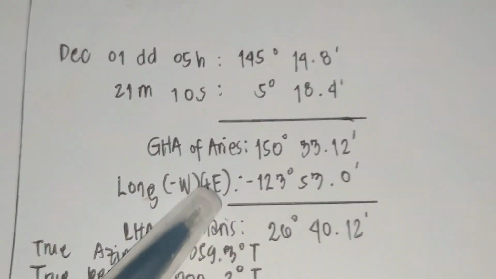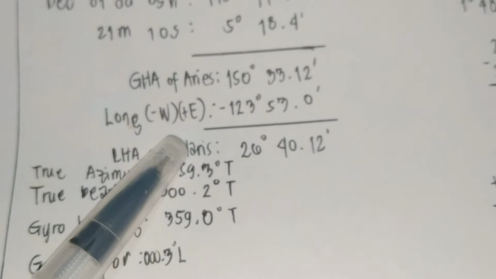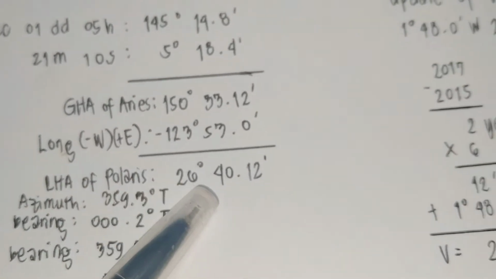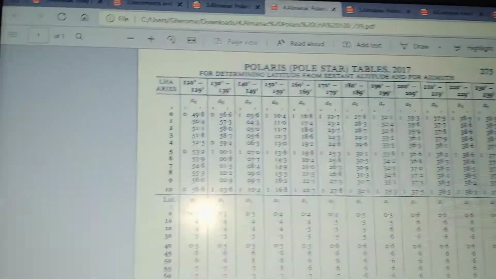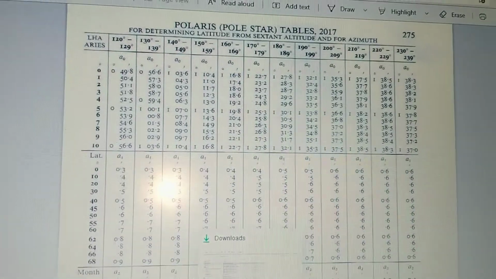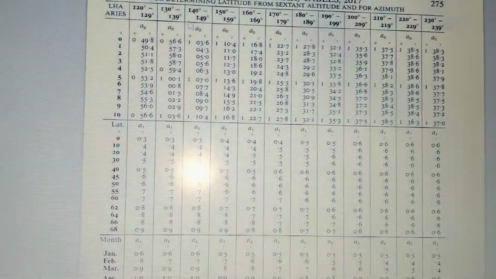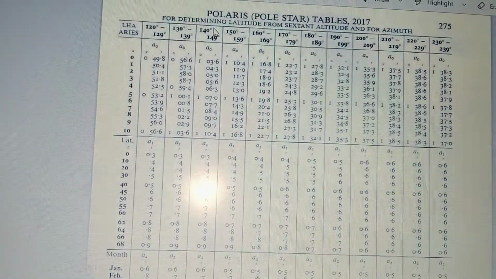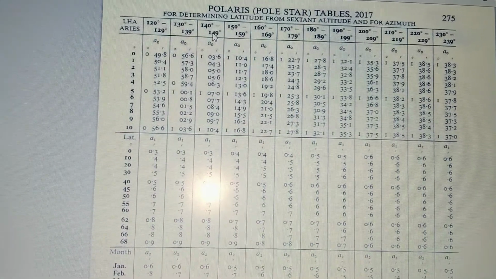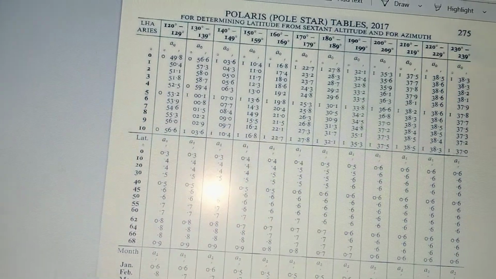Right after that, we have to use our Polaris table. So we do have our LHA of Polaris here of 26 degrees and 40.12 minutes, and here we do have our Polaris table. So what I did is I looked up this LHA of Polaris, and I chose 140 to 149 since we do have 146 degrees.